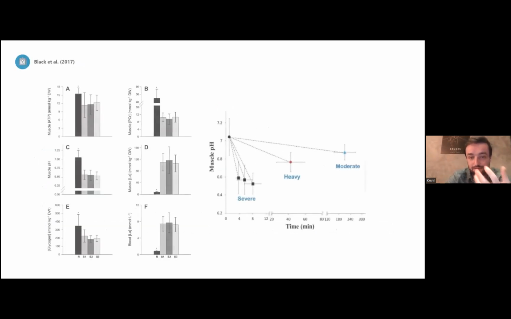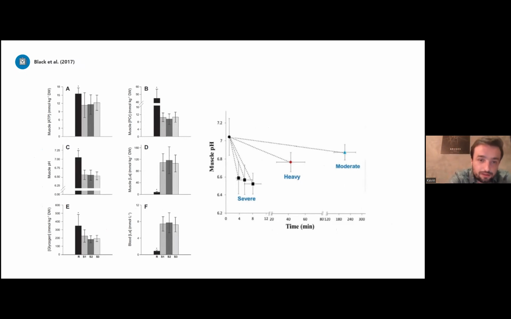If you look on the right graph, the three dots above severe show three different trials within the severe intensity domain, so above critical power, three times at a different power output.